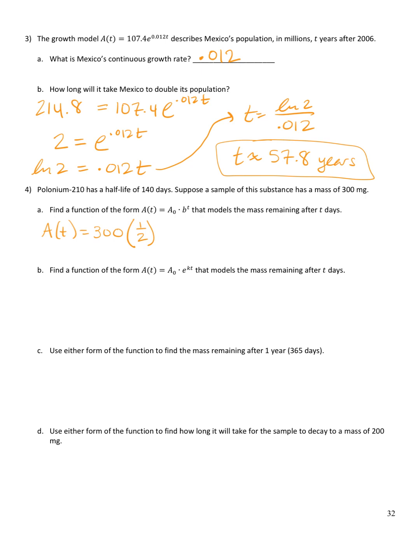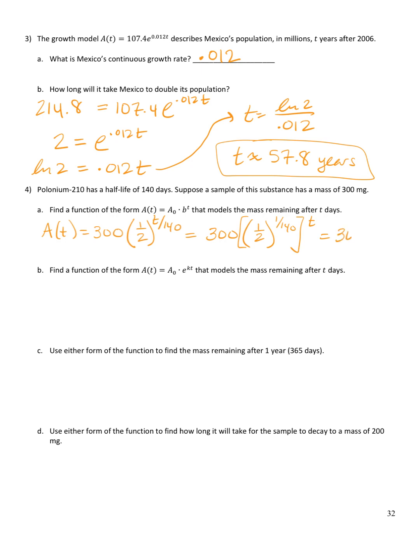That will tell me how many sets of 140 days have passed, and thus how many times I need to halve my initial quantity. And then if I want to simplify this so that it looks like A naught times b to the t, I could say this is 300 times 1/2 to the 1 over 140, all raised to the t, and that'll give me my b value.